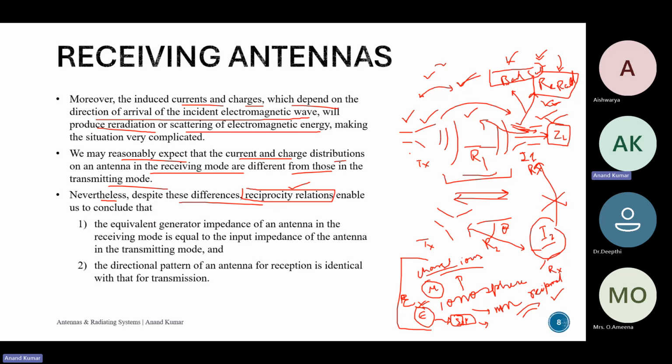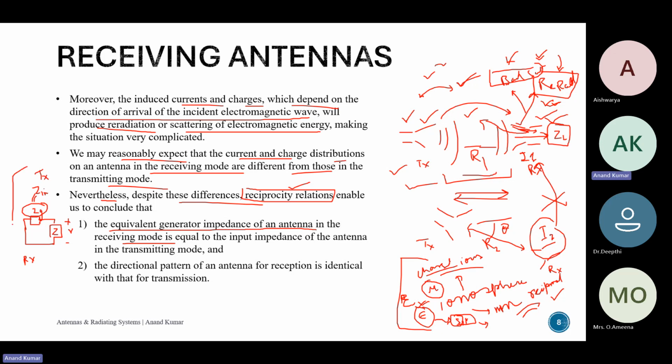Since the media is reciprocal and the system is reciprocal, this will help us conclude that the equivalent generator impedance of an antenna in the receiving mode, in an equivalent circuit in which the antenna works in the receiving mode with a load connected and the voltage across this load, will be equal to the input impedance of the antenna in the transmitting mode.